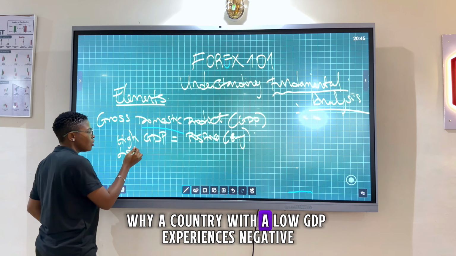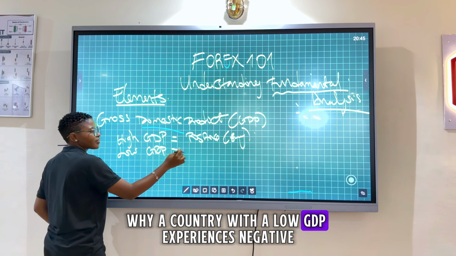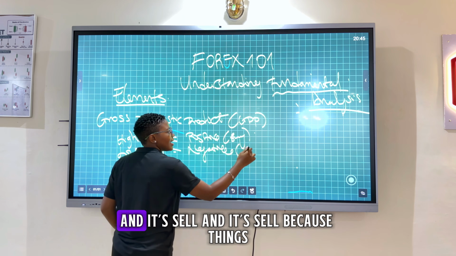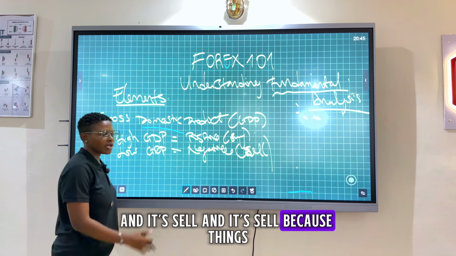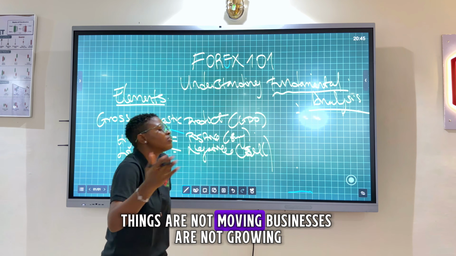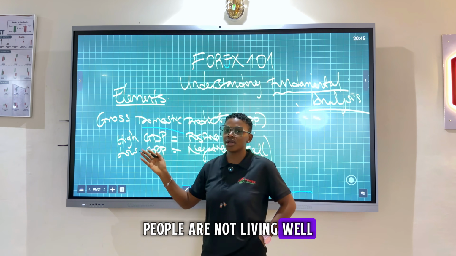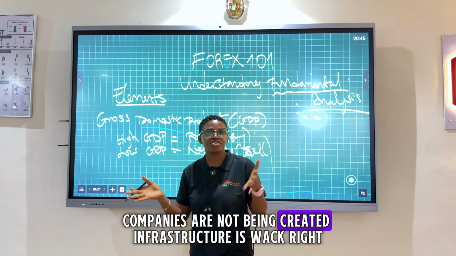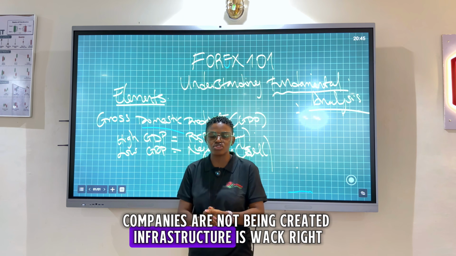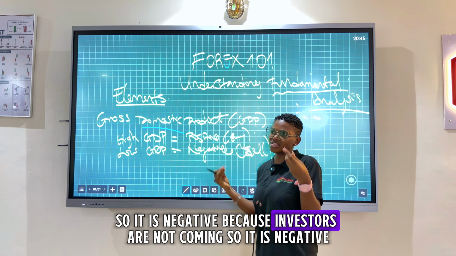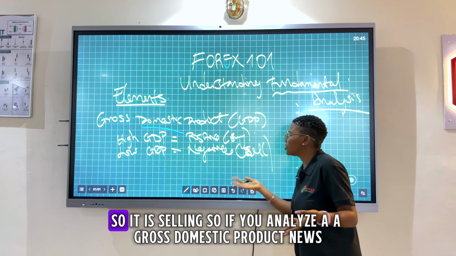While a country with a low GDP experiences negative, and a sell, because things are not moving, businesses are not growing, people are not living well, companies are not being created, infrastructure is whack, right? So it is negative because investors are not coming, so it is selling.